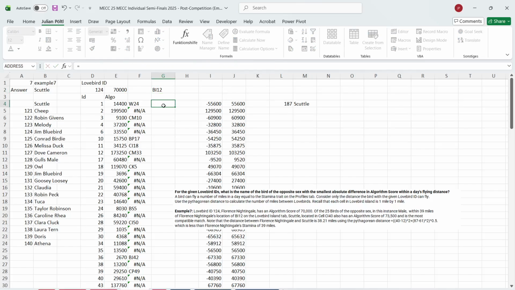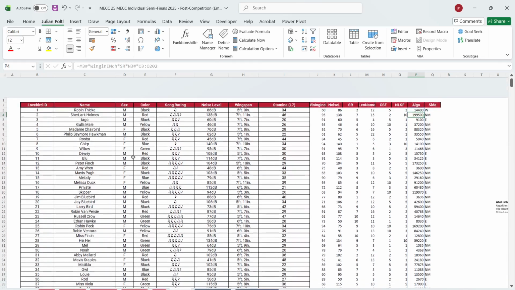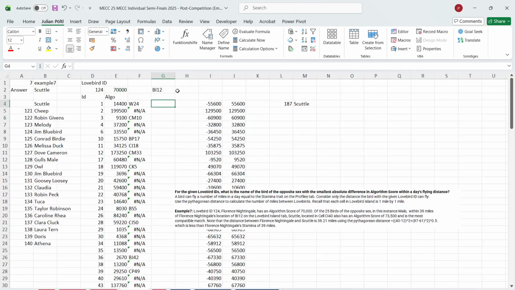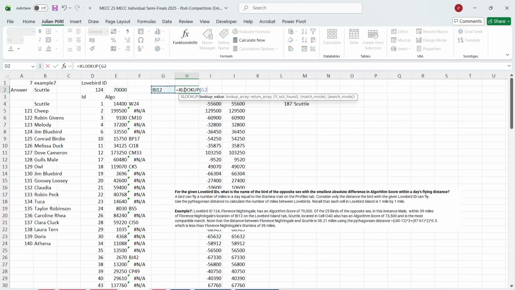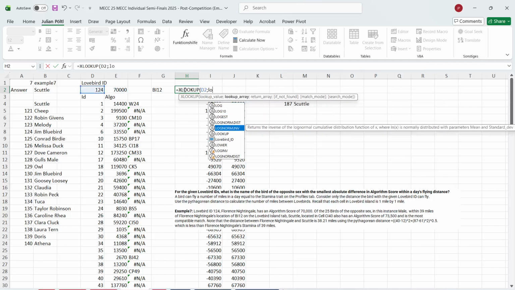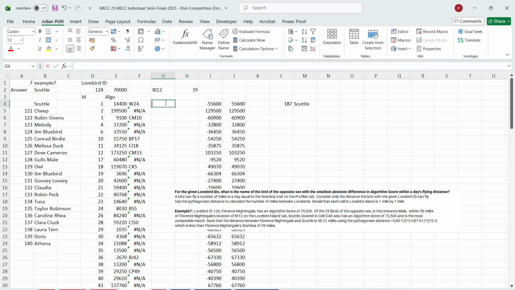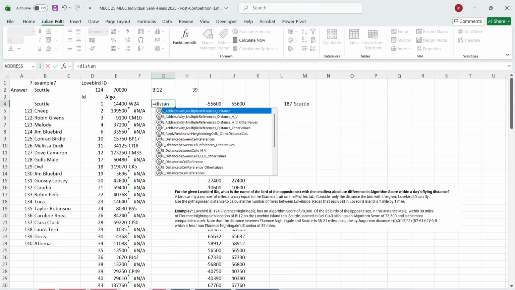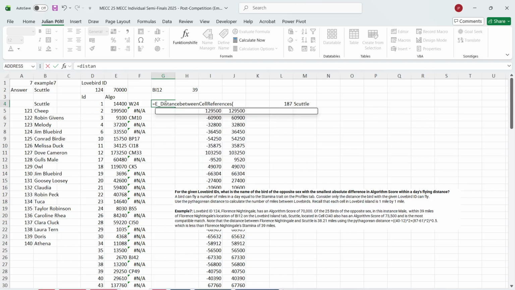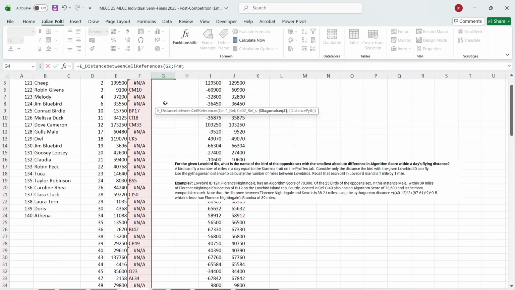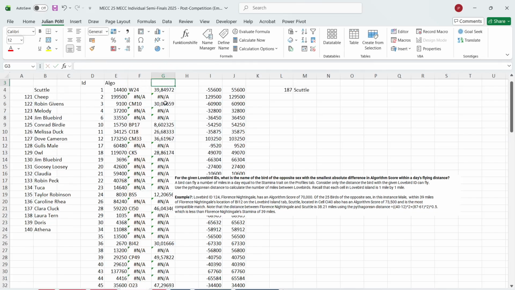Okay, stamina. Okay. XLOOKUP in Lovebird ID stamina L7. Distance between cell references, cell reference 1, cell reference 2, particular variant distance, and we have it.